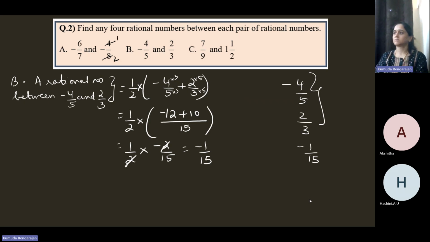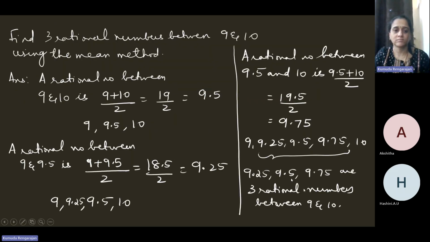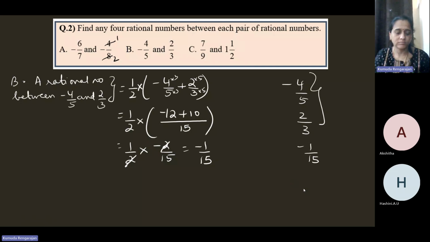If they ask for 10 numbers, use the equivalent fractions method. Maximum 4 numbers with the mean method.